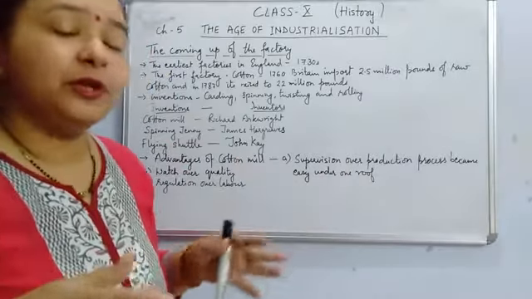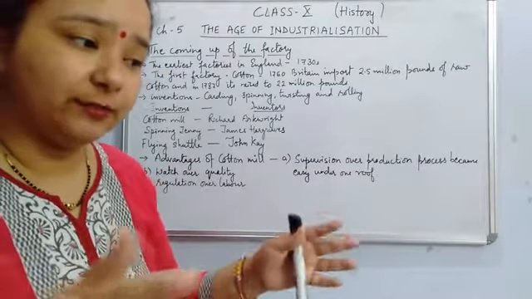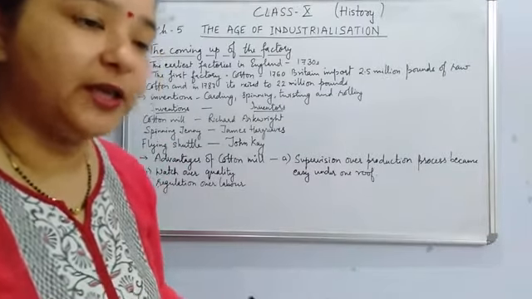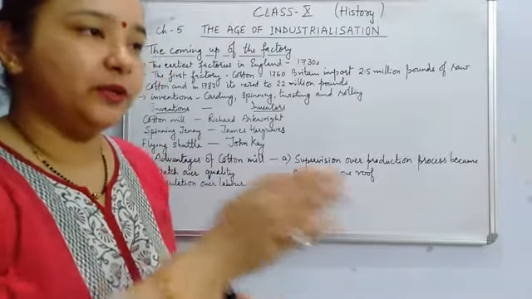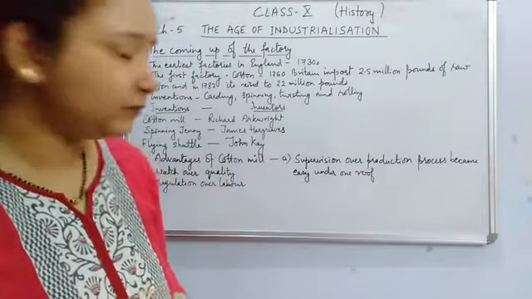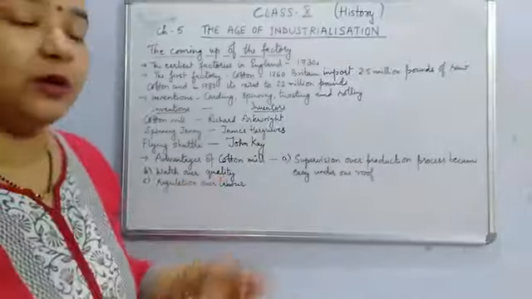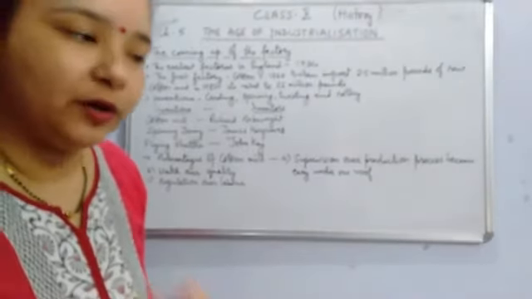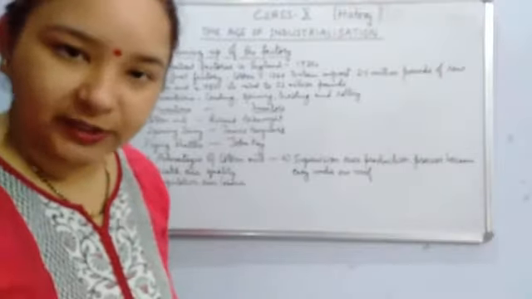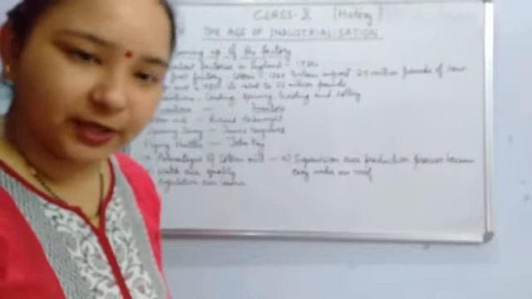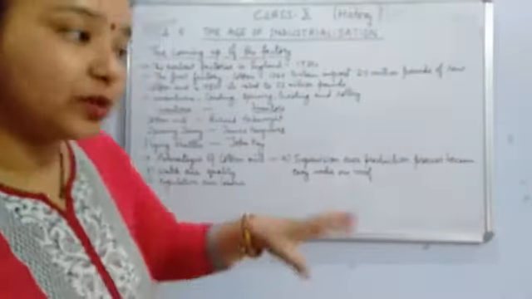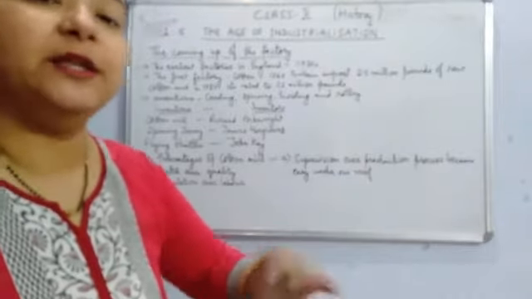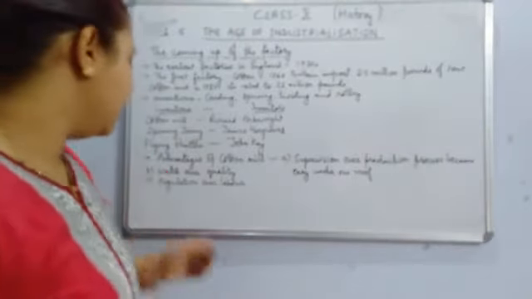If the production is done under one roof, अगर सब लोग एक जगह पे काम कर रहे हैं तो किसी को भी देख पाना आसान था, राइट? Then watch over quality, किस तरह से काम कर रहे हैं, क्वालिटी क्या मेंटेन हो रही है, प्रोड्यूस की जो भी वो बना रहे हैं उसकी क्वालिटी मेंटेन है, उसे भी साइड बाय साइड साइमल्टेनियसली चेक किया जा सकता था, राइट?